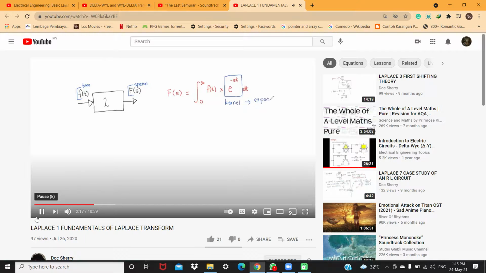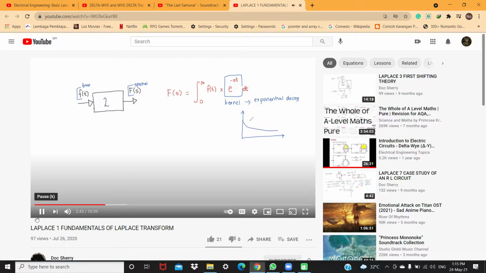The beauty of exponential decay is that when you substitute the value of either 0 or infinity inside it, it will give you some definite results. Let me just demonstrate this here.